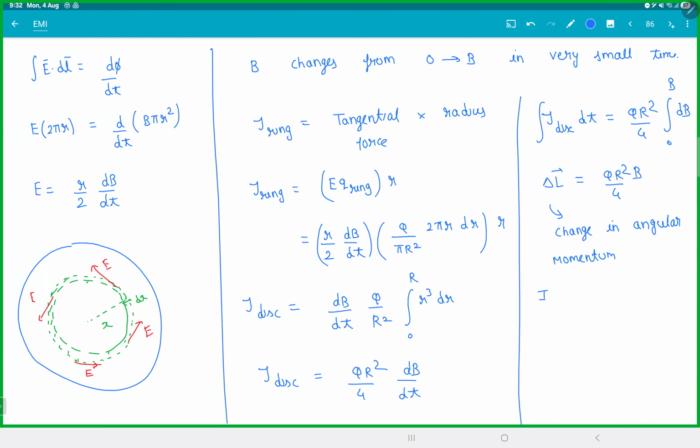This will be I of the disk into omega. I of the disk is M r square by 2. R square will cancel, M by 2 will be there. So this will be QB by 2M. Check, that's your answer. Right here. Clear with the steps, everyone?